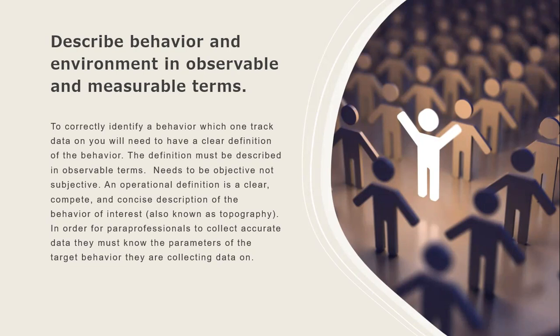The definition must be described in observable terms, needs to be objective, not subjective. An operational definition is a clear, complete, and concise description of the behavior of interest, also known as topography. In order for a paraprofessional or RBT to collect accurate data, they must know the parameters of the target behavior that they are collecting data on. Okay.